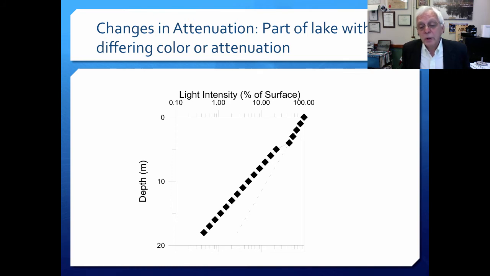And then as we get deeper, sometimes lakes will get clearer. And so here we have a clearer system. You can see that the light intensity is not decreasing as rapidly with depth as it was over here.